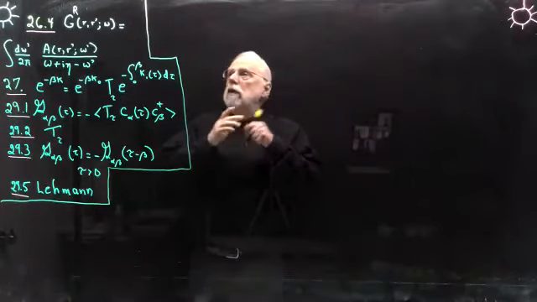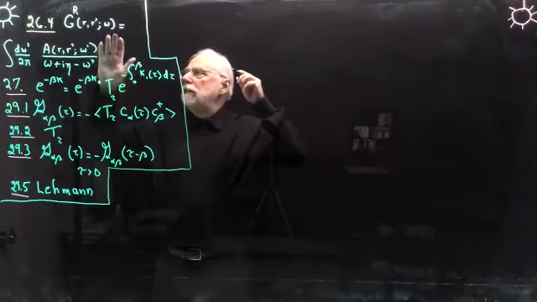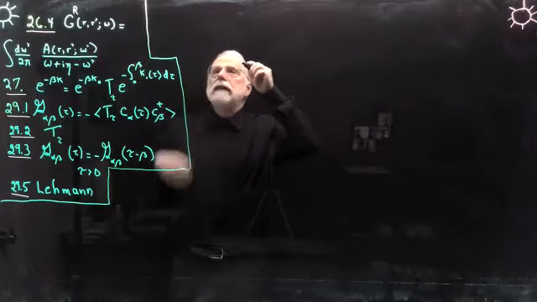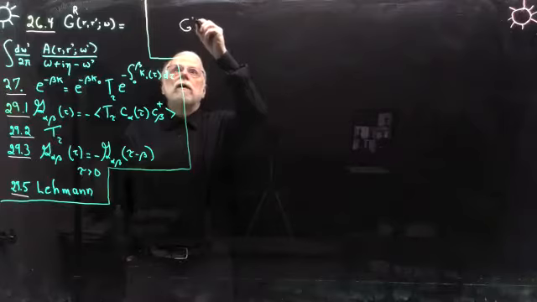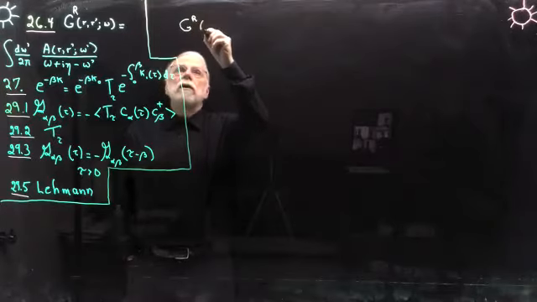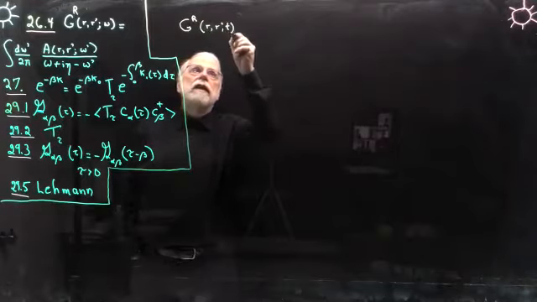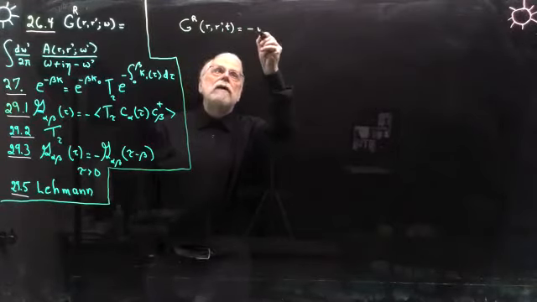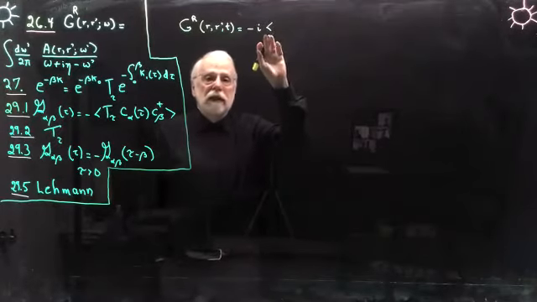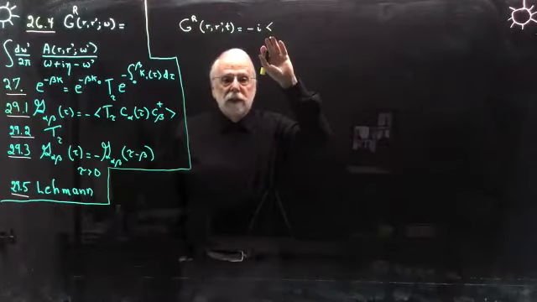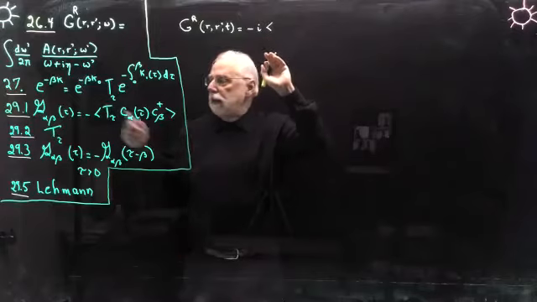So just to see what I mean here by this and what is this A, let us remind ourselves that the retarded Green's function of R, R prime, t was defined as minus i times the trace over quantum states weighted by the density matrix, right?